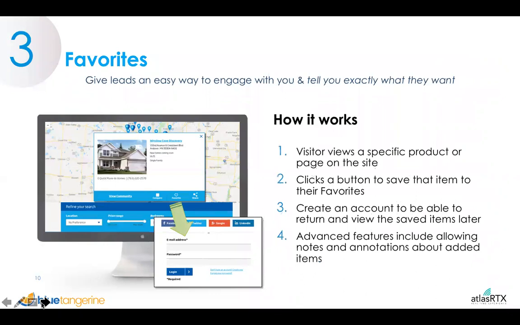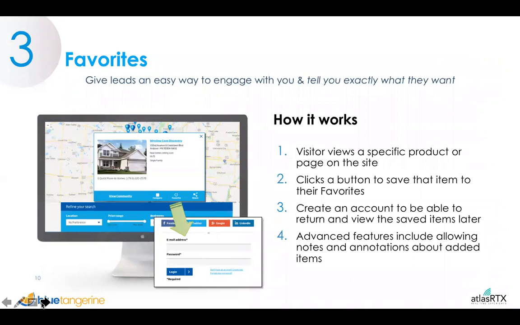So again, just kind of how it works, they're going to be looking at a specific product, or if that's e-commerce, a specific item you're selling, if it's specific home or community for a home builder type of scenario. And then there's a button on the page. You can kind of see it's a little small in the screenshot, but favorites, where sometimes it's a heart because I like this one or something.